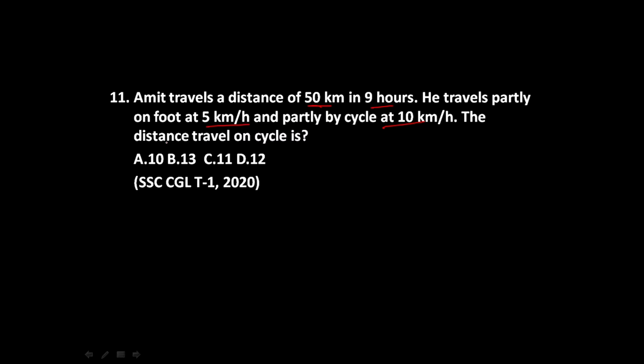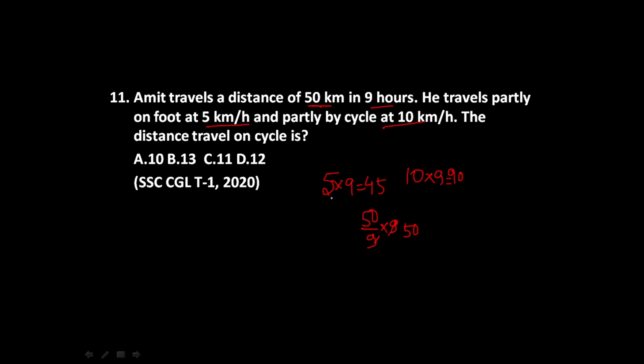He travels partly on foot at 5 km per hour. So firstly it is 5 km per hour, then it is 10 km per hour, right? And what is the total distance traveled? 50 km in 9 hours means 50 upon 9. So for the betterment of calculation, we are multiplying every side with 9. It is 9 means it's 50. This is 90 and this one is 45, right?